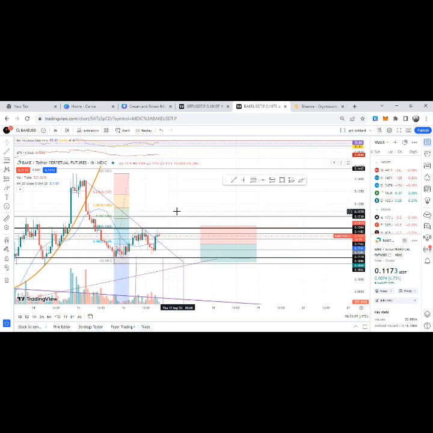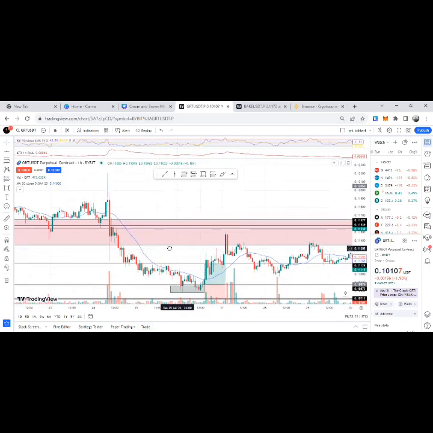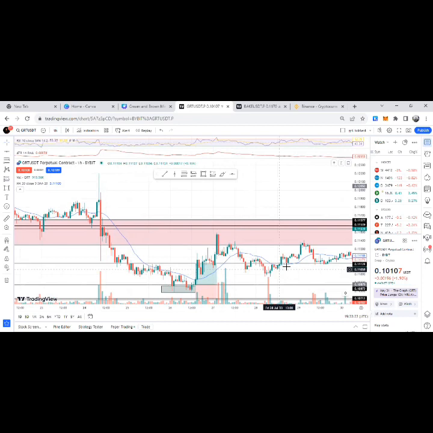So with that being said, let's go to the Binance exchange, because now we're going to use what we've learned here to showcase how you have to enter these trades into an exchange, because like I said, we're going to be using TradingView just for charting purposes.